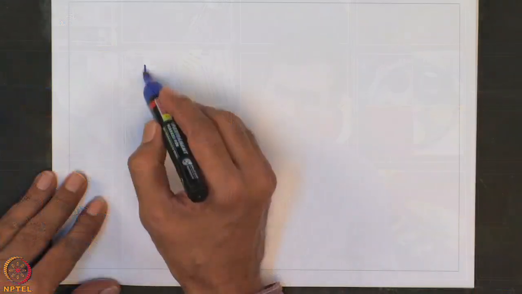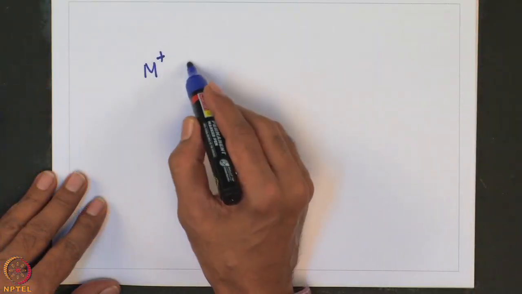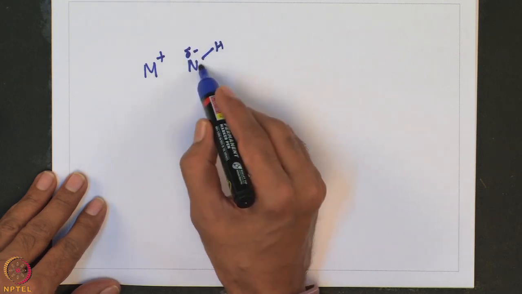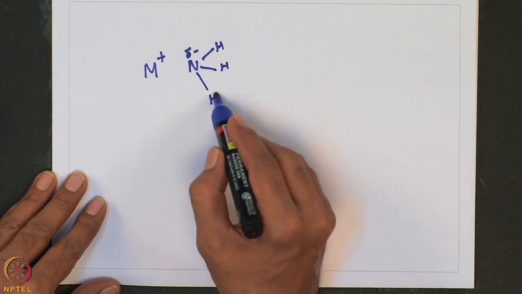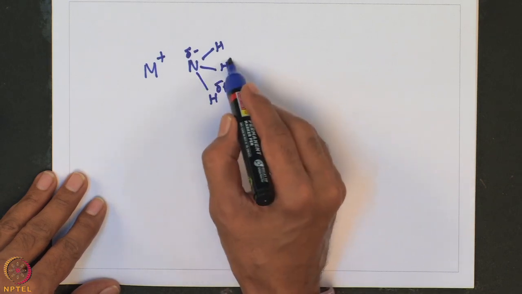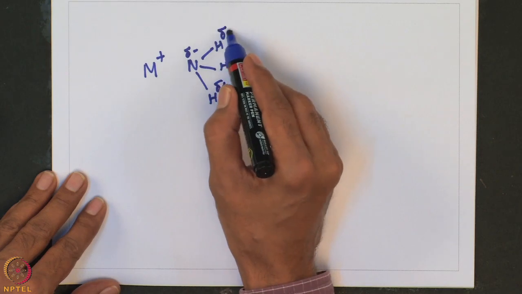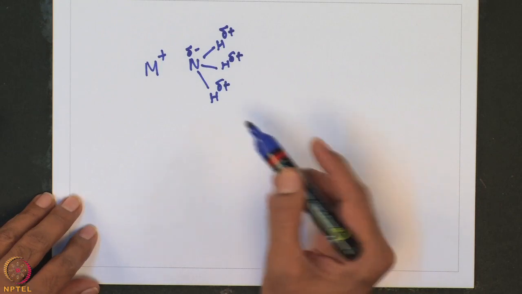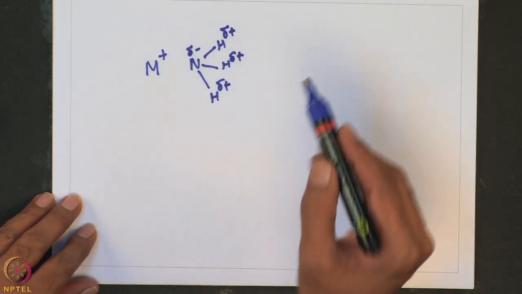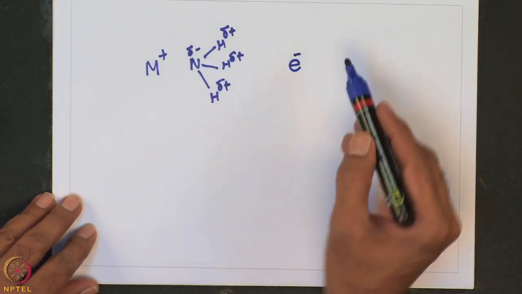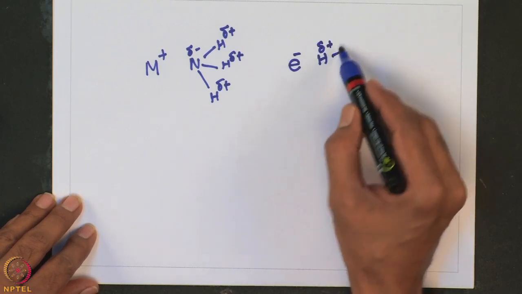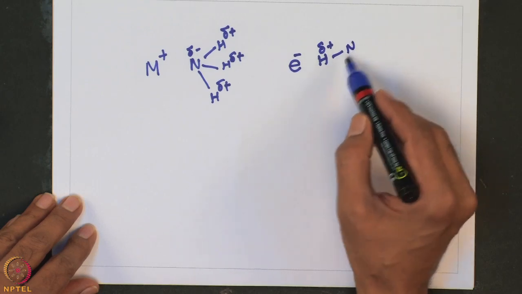For example, if you take NH3, in case of M plus, the nitrogen end will be negative, so orientation will be in this fashion, because the negative dipole is going towards the cation, and it forms a complex, whereas in case of the electron, which is negatively charged, the hydrogen atoms will be directing in this fashion.